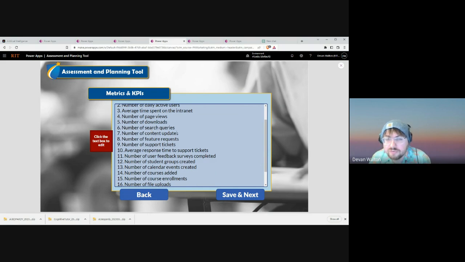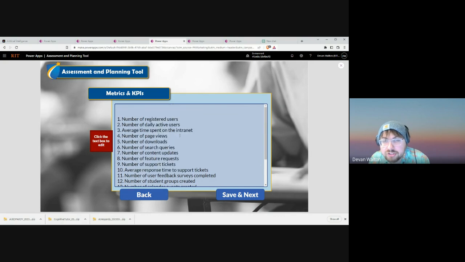So if this is your first time working within a particular initiative's context space, this type of prompting could be incredibly helpful for thinking about, okay, how are we going to evaluate success? What will success look like? What sorts of data should we measure as we are running this initiative? So this metrics and KPI section definitely could be a useful thing to provide.